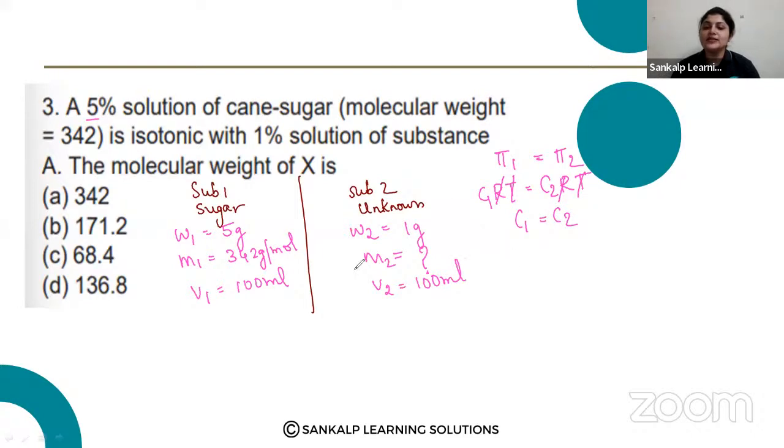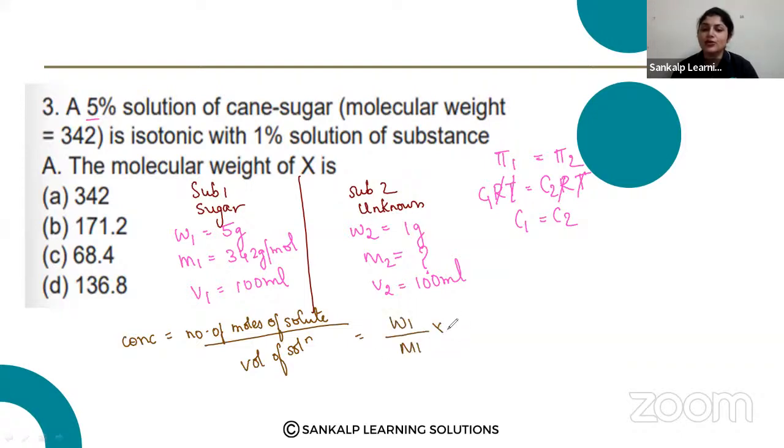Now, how to express concentration? Concentration of the solution is the number of moles of solute divided by the volume of solution. So W1 by M1 into 1000 by V1 equals W2 by M2 into 1000 by V2.